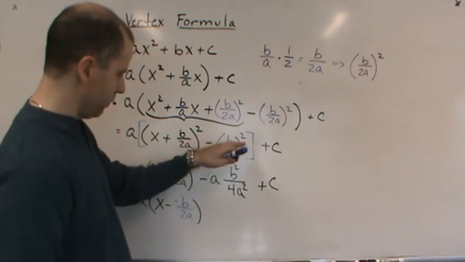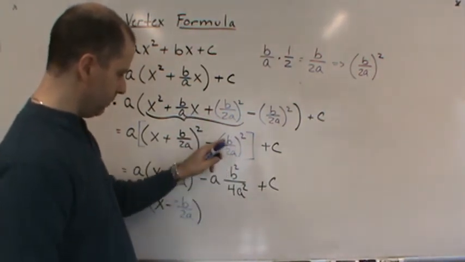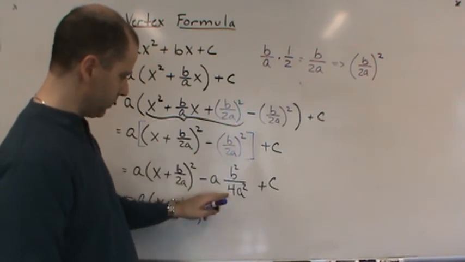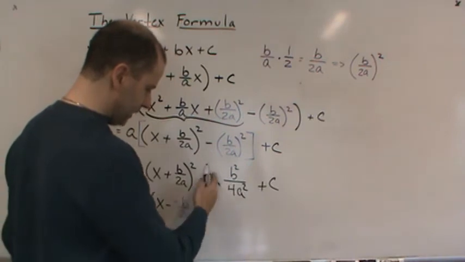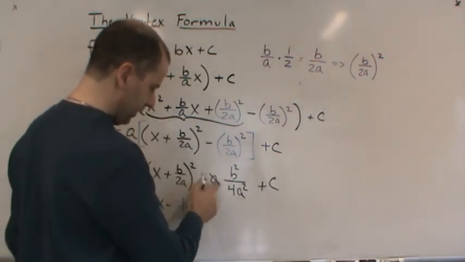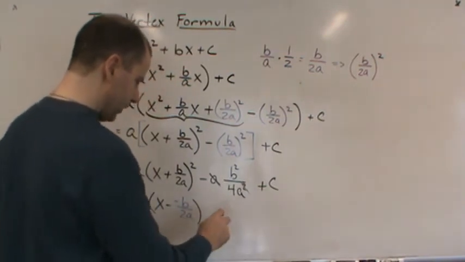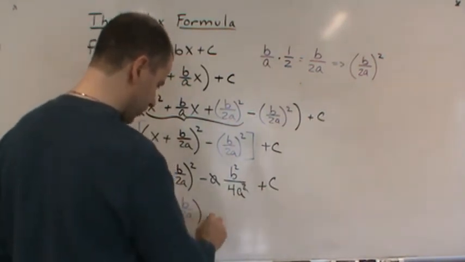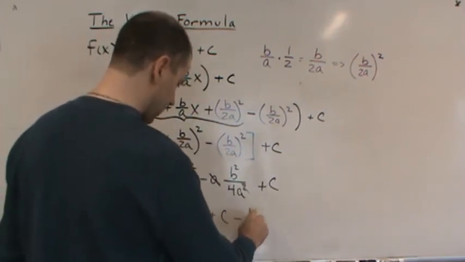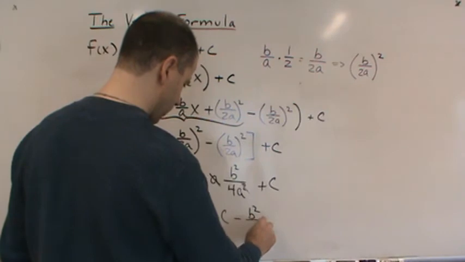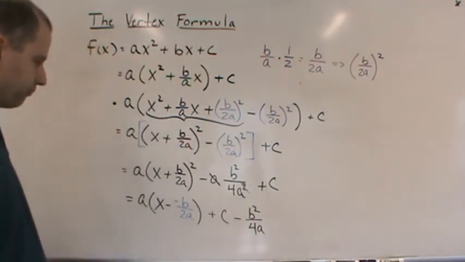So all I did was distribute the power to the top and the bottom and across these two. So the b becomes b squared, the 2 becomes a 4, and the a becomes a squared. And now I can cancel this a because this is multiplying and this is division, so I can cancel one of those. And so now what do I get? I'm going to rearrange these so I get plus c minus b squared over 4a.